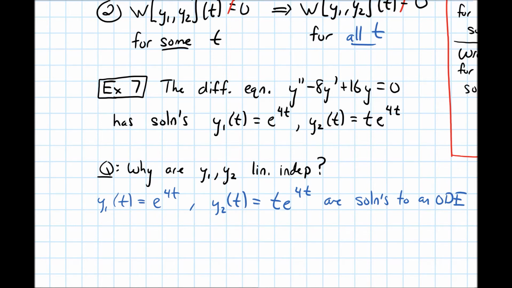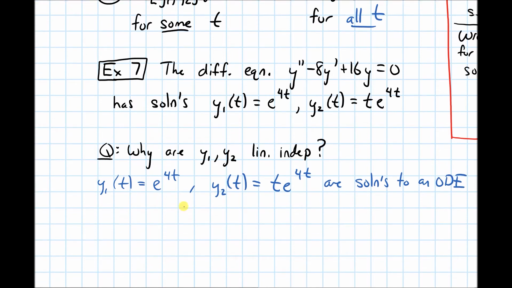All right, so let's form the Wronskian now. The Wronskian W[y1, y2](t) will be the determinant. I'll have y1 first, and then its derivative underneath that, and then y2 after that, and then its derivative underneath it.